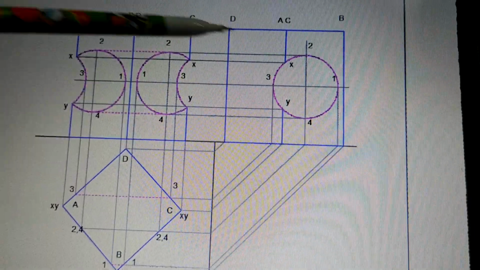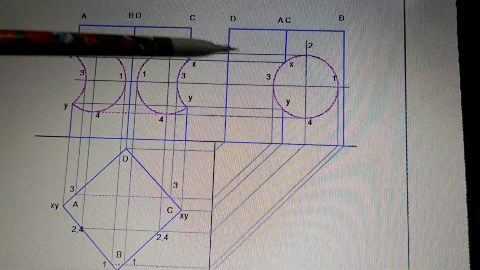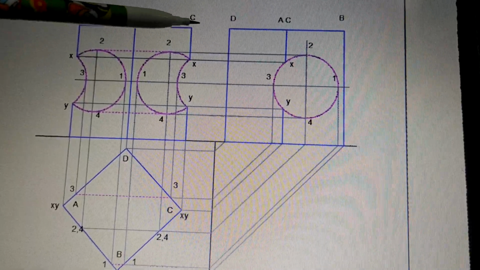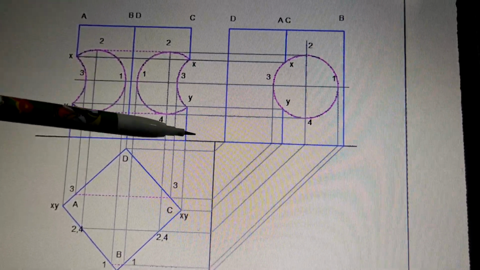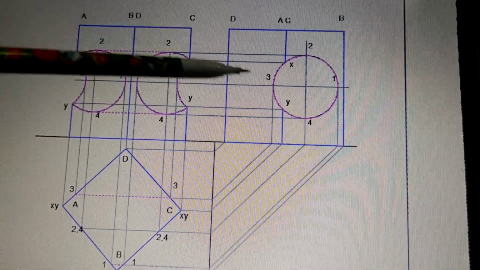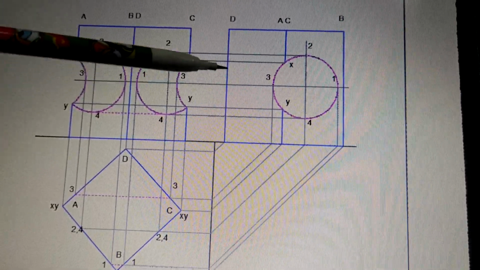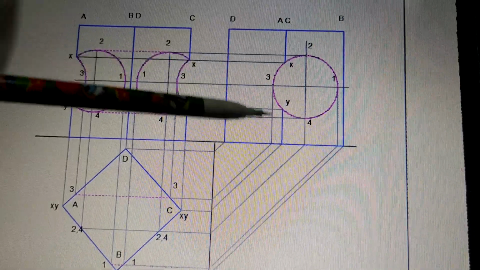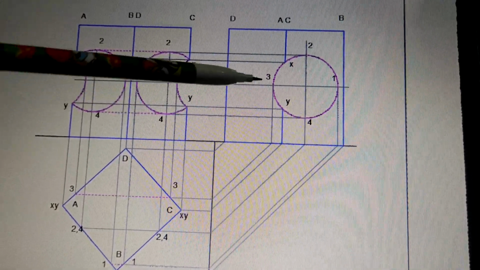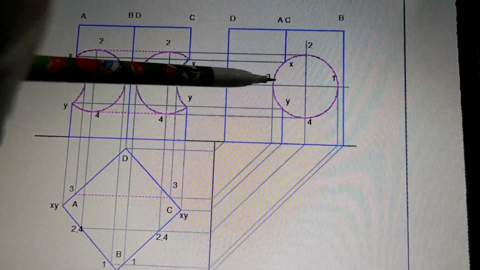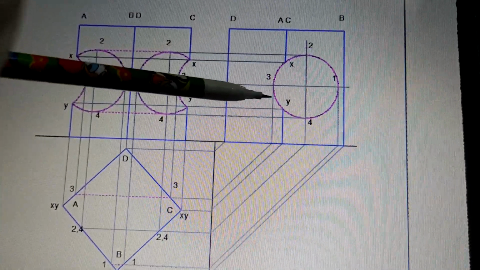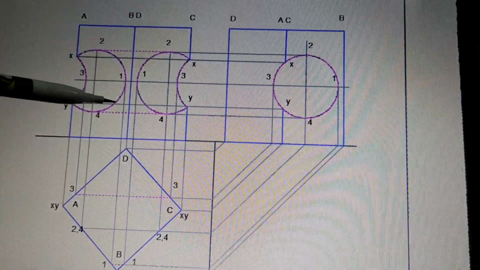Okay, so that becomes the second problem of the same practice sheet P16 we are talking about. So P16 has got a total of 2 exercises. Exercise number 1 we have seen last time, and this is exercise number 2. The difference, I am repeating again, is that in the second exercise the intersecting solid has curvature because it is a cylinder, and because it is a cylinder, this is the way it will come.